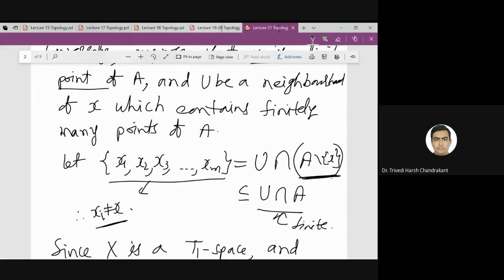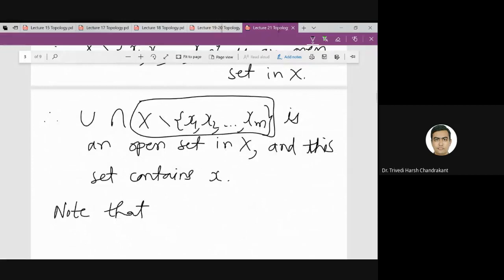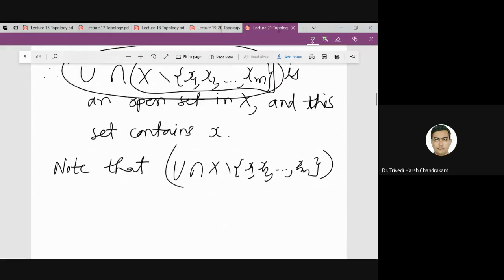So we started with U a neighborhood of X which contains finitely many points of A. Therefore x1, x2, xm is U intersection A minus X. And then we found this set which is open and contains X. So basically this is a neighborhood of X. Note that this set, which is a neighborhood, its intersection with A is a null set.